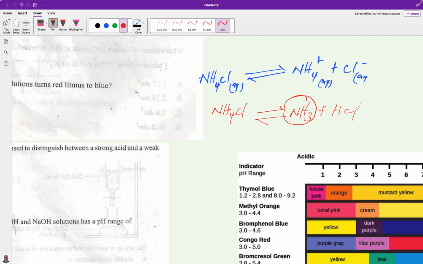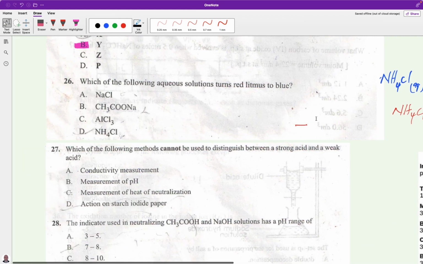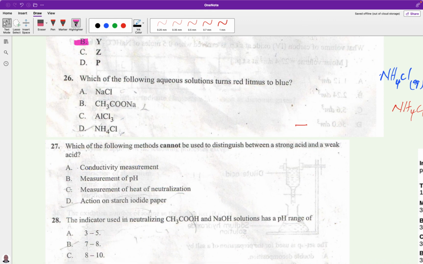This equation is in solution. So in the ammonium, only ammonia gas, which is also used as a chemical test for ammonia, will turn red litmus paper blue. So it is only the ammonia present here that will turn the red litmus paper blue. In that case, we are saying that only this compound will do that in solution. D.